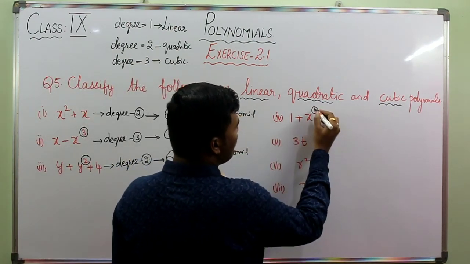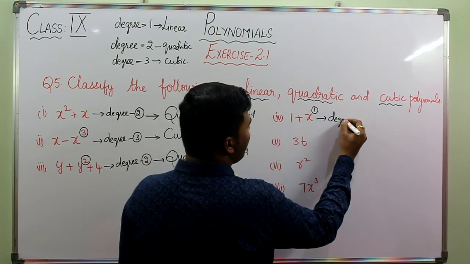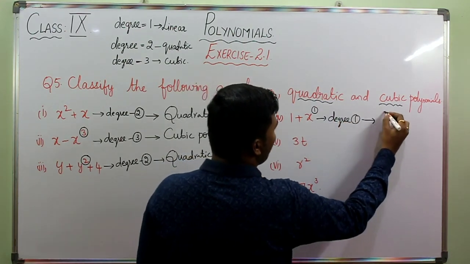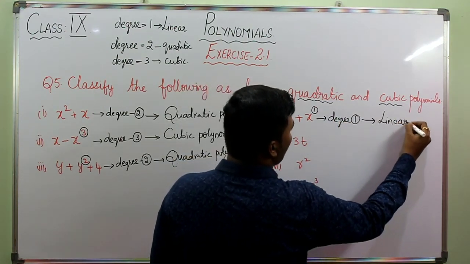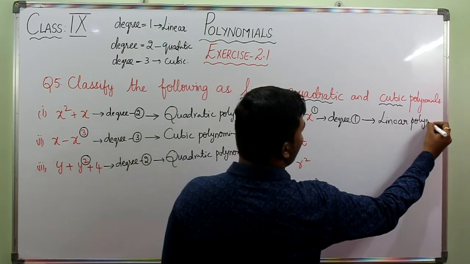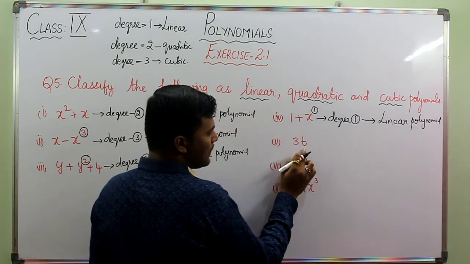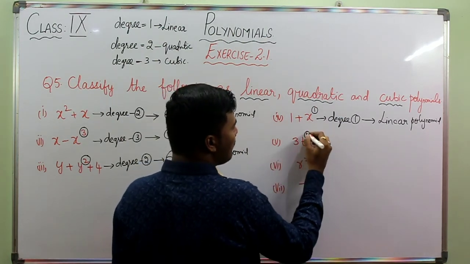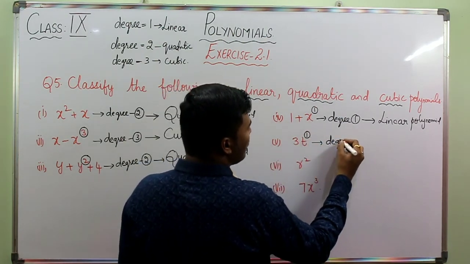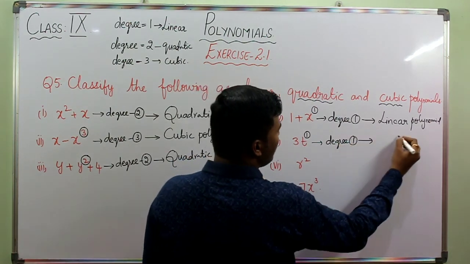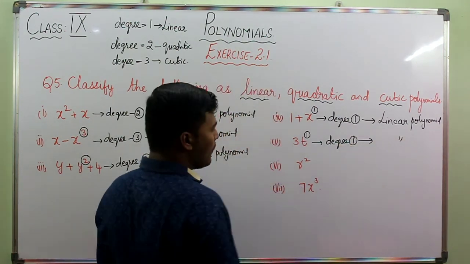The power is 1. Therefore, if the degree is 1, then it is called a linear polynomial. The next one, 3t. The t has a power of 1, so the degree is 1, and it is called a linear polynomial.